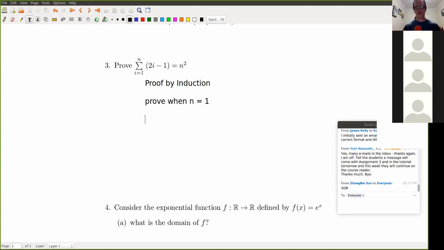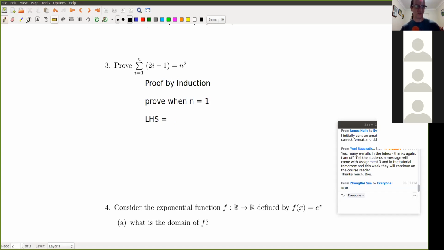So when n equals 1, left-hand side, I'll just write sum to 1 there, 2i minus 1. I really want to do the sum notation, but I'm going to struggle with the pen I've got.